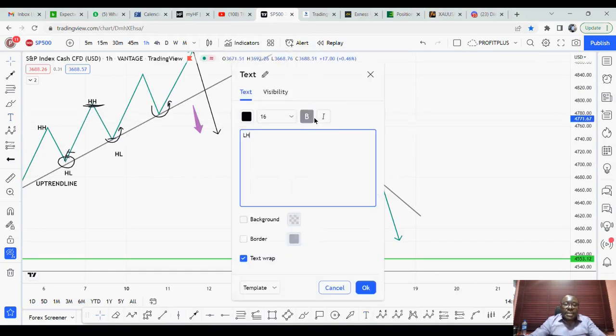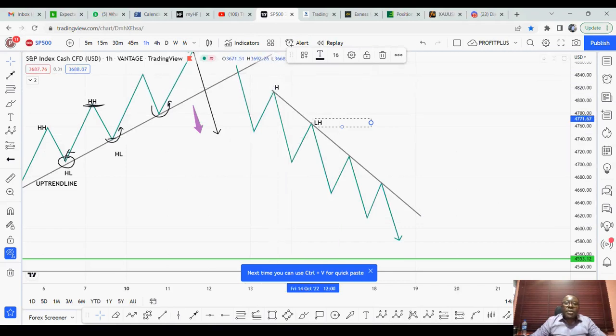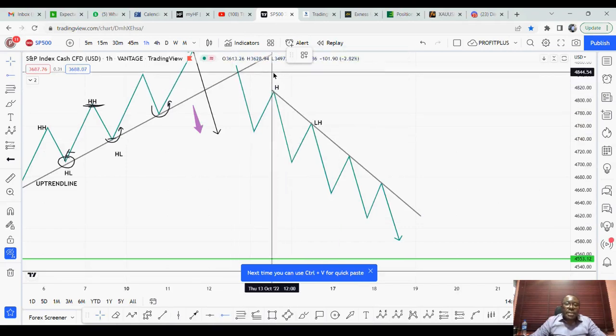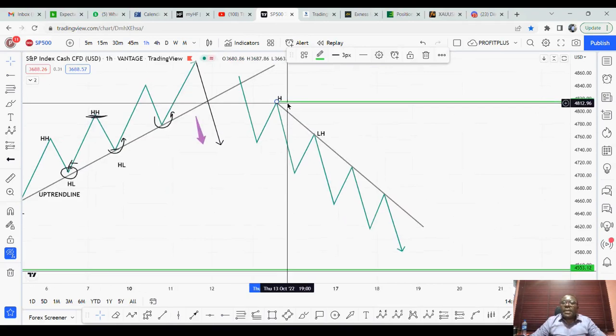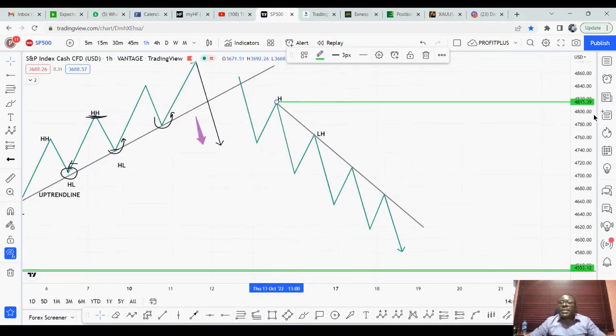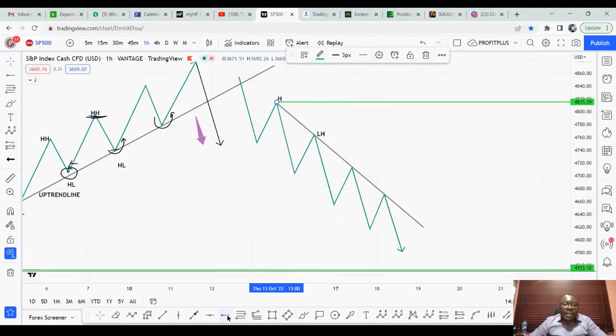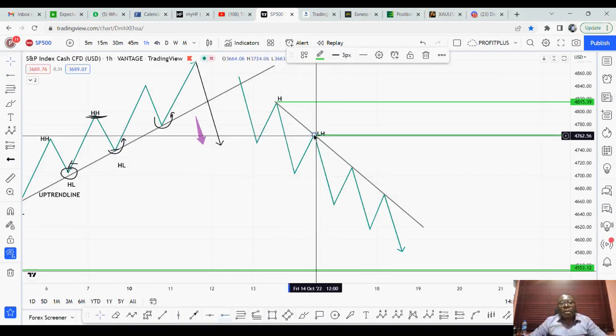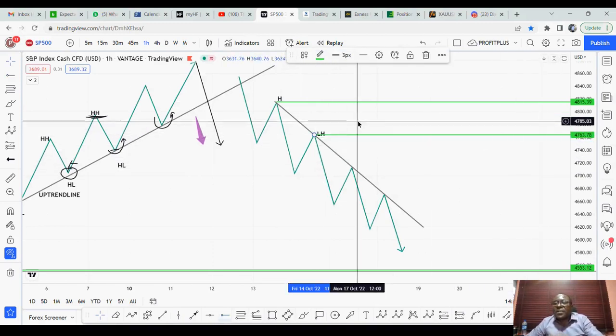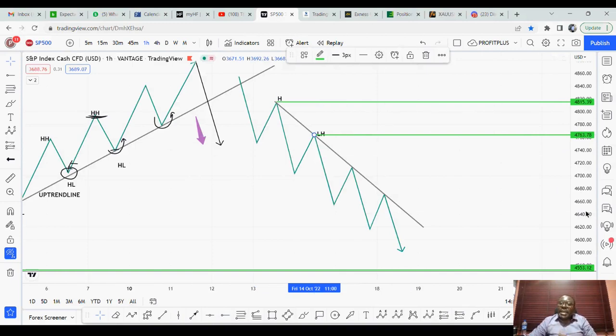This next high is a lower high. You can see the price for this is $4,815, right? And then at this point it is lower. This is 4,763.